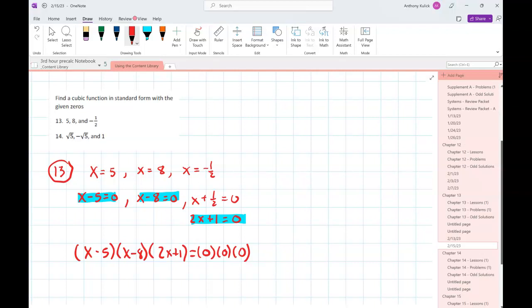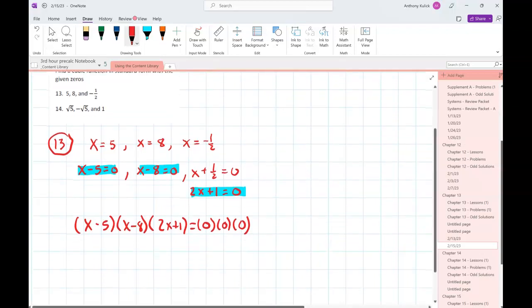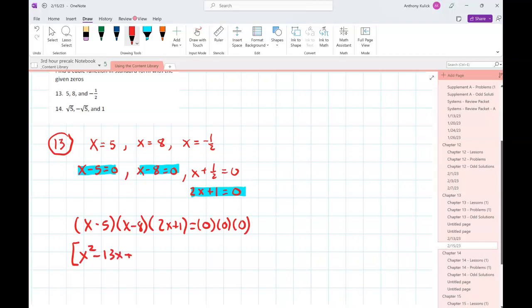What I have now is the factored form for a polynomial that has those three solutions. Now I'm just going to FOIL this out. So x squared minus 13x plus 40.